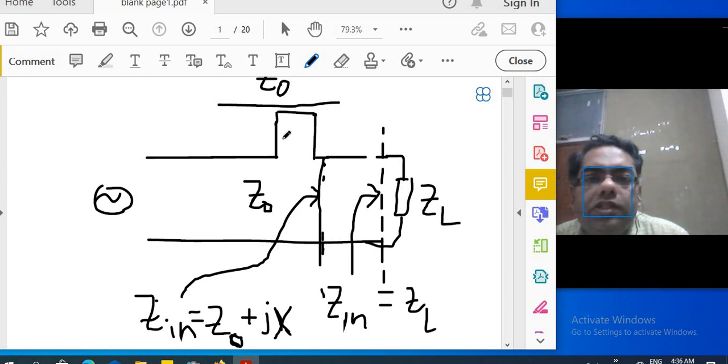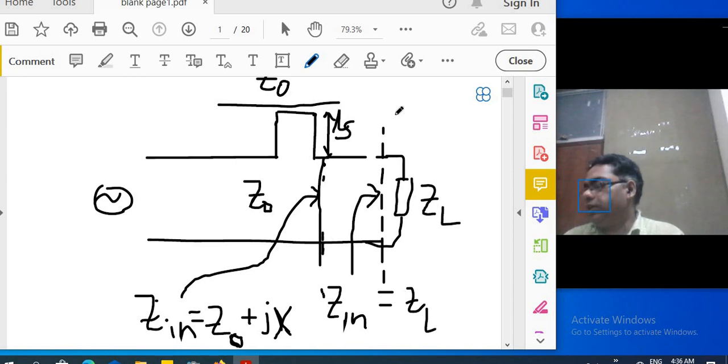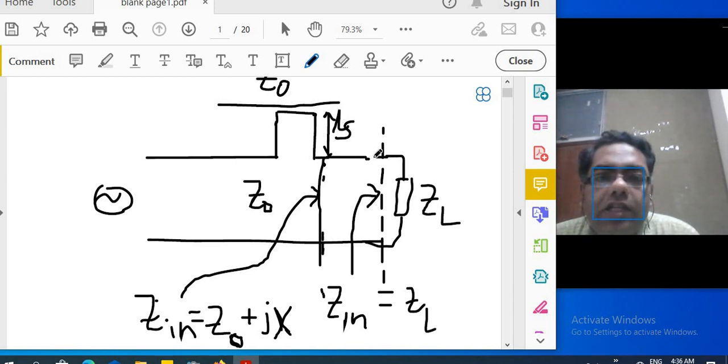So this short or open circuited transmission line will have some length. Suppose the length is Ls. And the distance from the load end at which we saw that the input impedance is Z0 plus jX, suppose the distance be D.